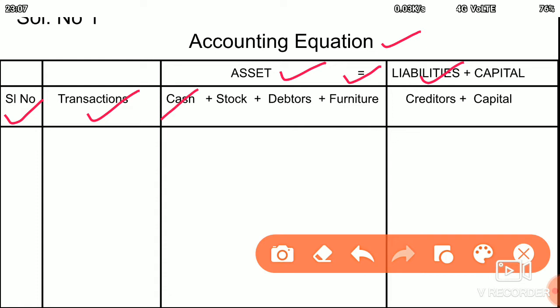That means we'll open the cash account, plus stock, plus debtors account, plus furniture account for the assets. And on the liability side, we have to open the creditors account plus the capital account. Now let me explain each transaction in detail, and I will show you how we will present that in our accounting equation.